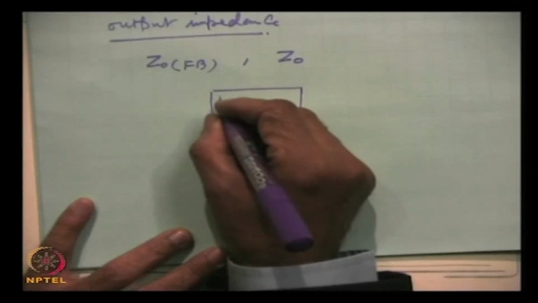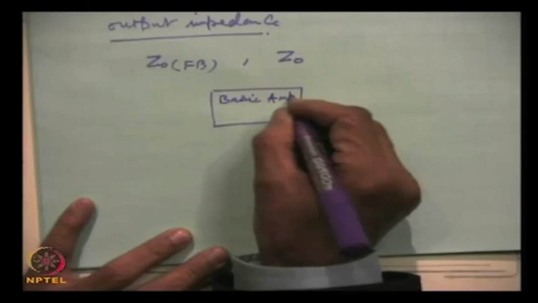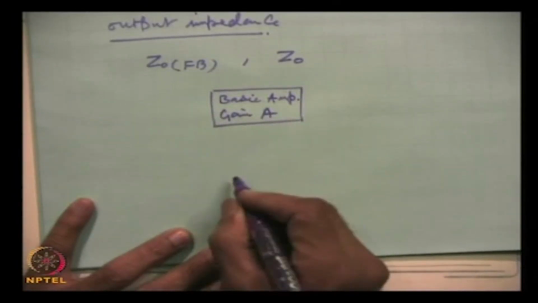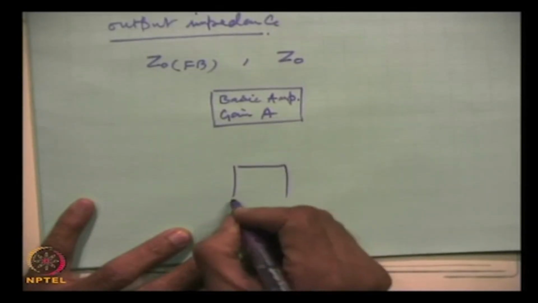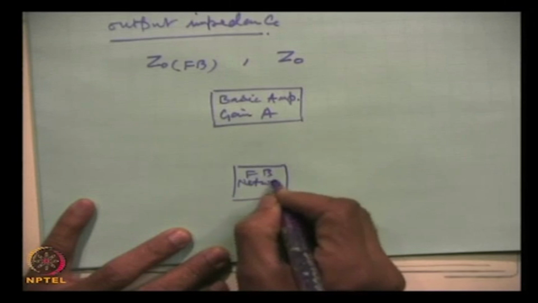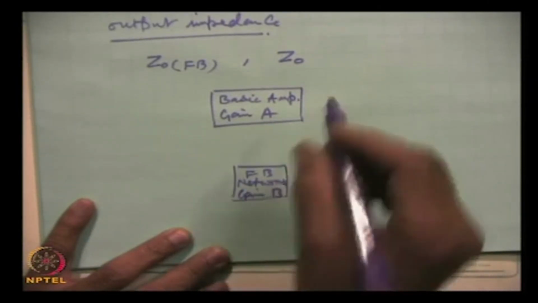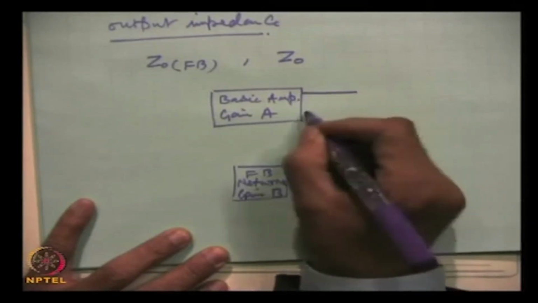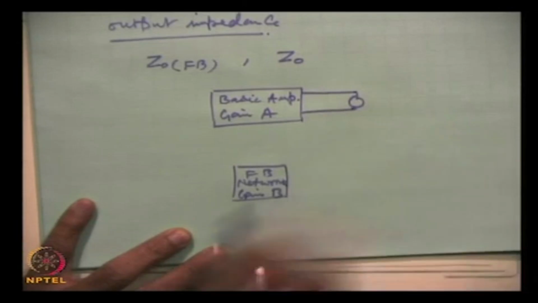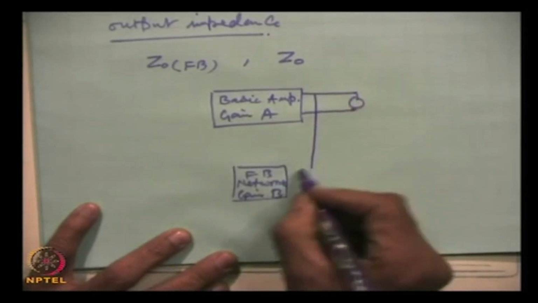So, what we are talking about is this. This is the basic amplifier, gain A, this is the feedback network, gain B. Here we have removed that resistance RL, maintaining the same connection.